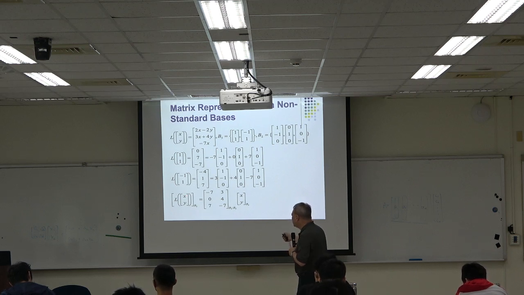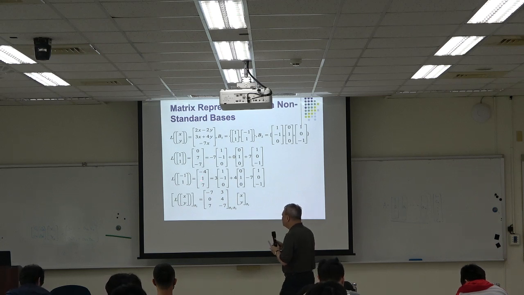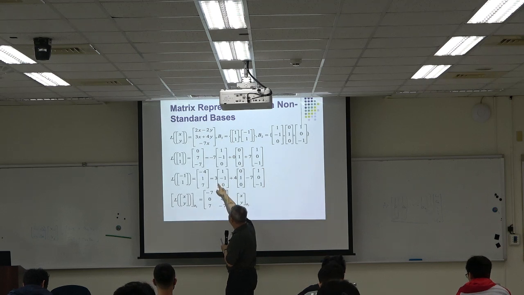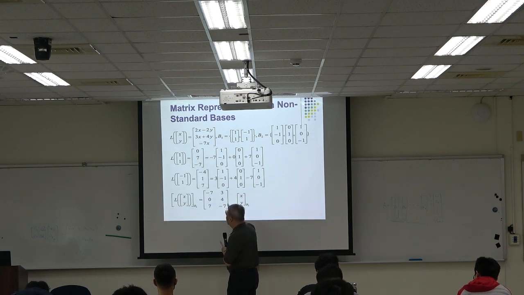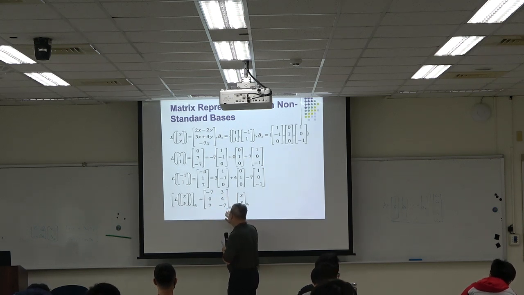Again you solve the system of linear equations and get the coordinates 3, 4, negative 7 with respect to the basis B2. So you put negative 7, 0, 7 here, and 3, 4, negative 7 here, and this is how from B3 you convert into the B2 basis. So this is the matrix from B3 to B2.